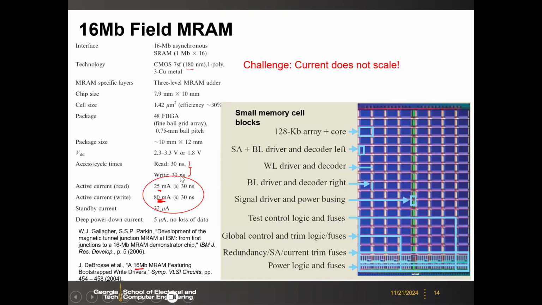This is because you have to generate this field. You have to pass large currents. So it's very inefficient in terms of the switching. So that's why this field MRAM never flew, even though it was demonstrated in the early 2000s.